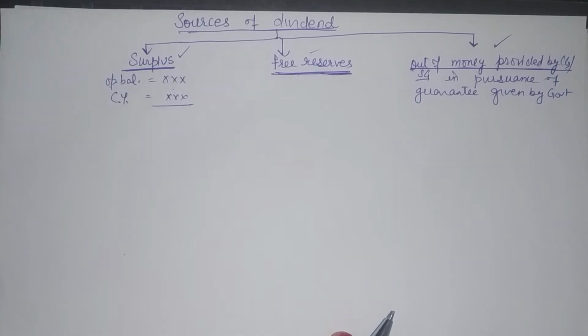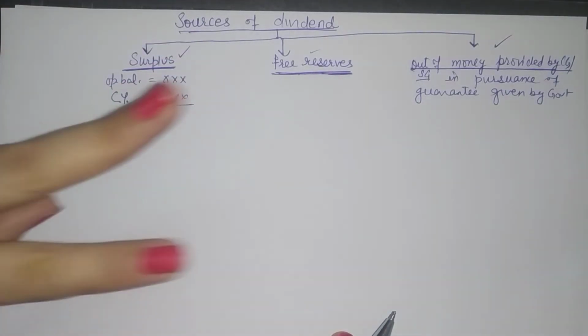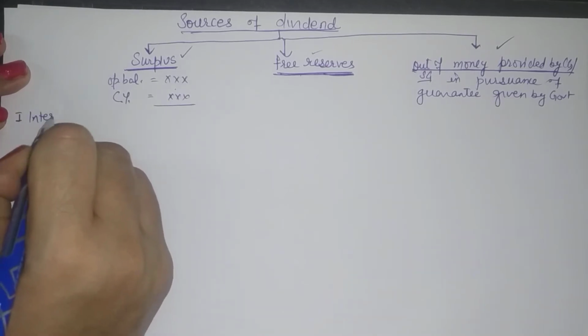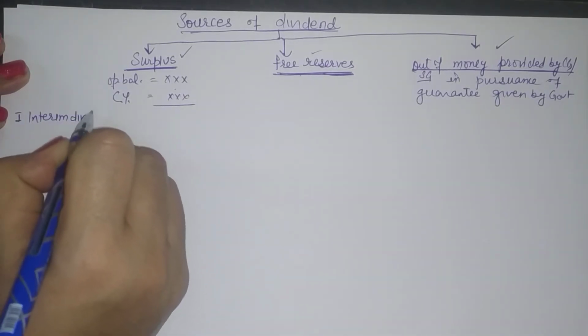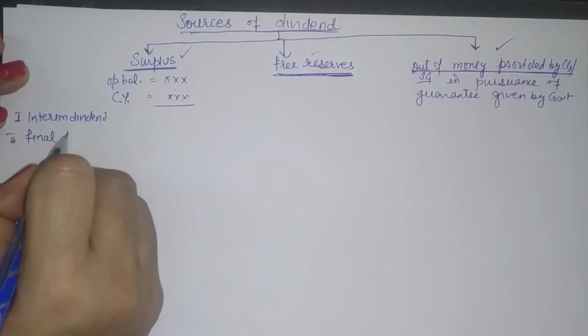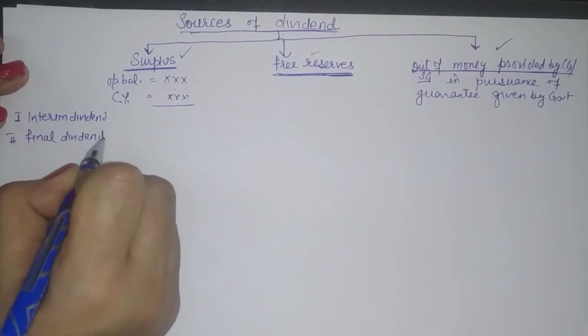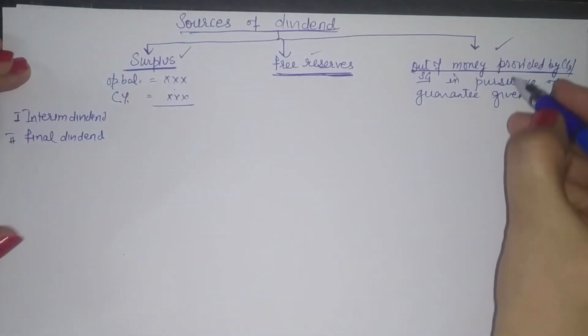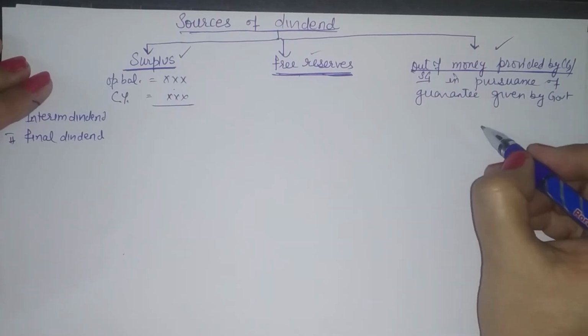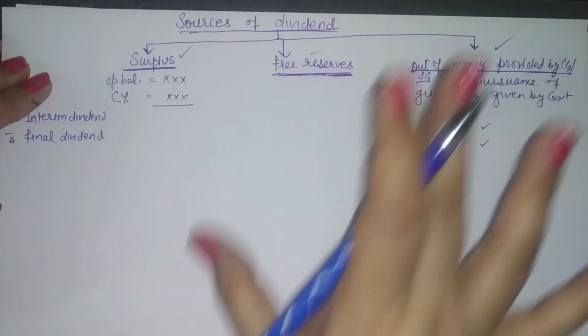Now when we talk about the dividend, we have two types of dividends. Number one is interim dividend, another is final dividend. Now when we look at the third point, that is out of the money given by the government, this will be used as per the terms of the guarantee.